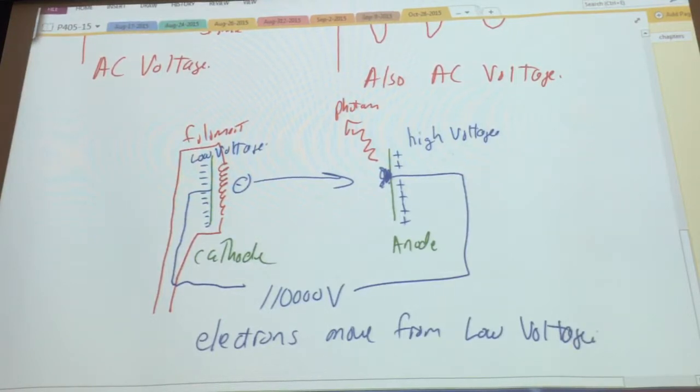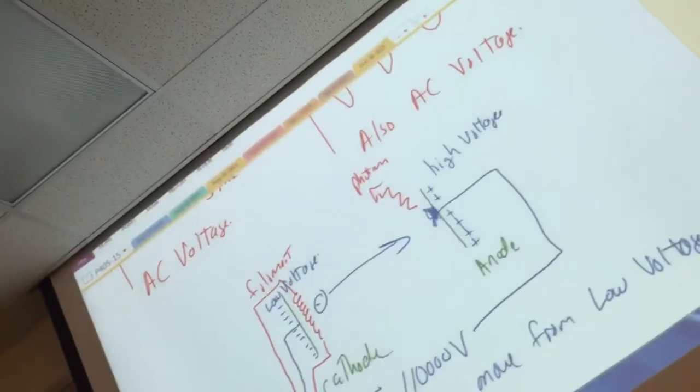And if that happens, then all is good. That's how we're going to accelerate our electrons. We're going to put the high voltage on the anode side, the low voltage on the cathode side, and then the electrons are going to go screaming across there and smash into the anode.